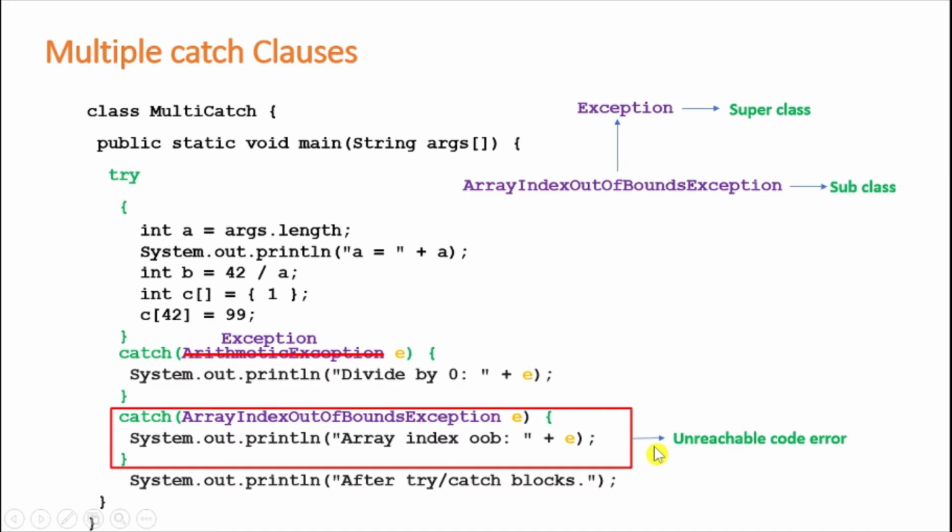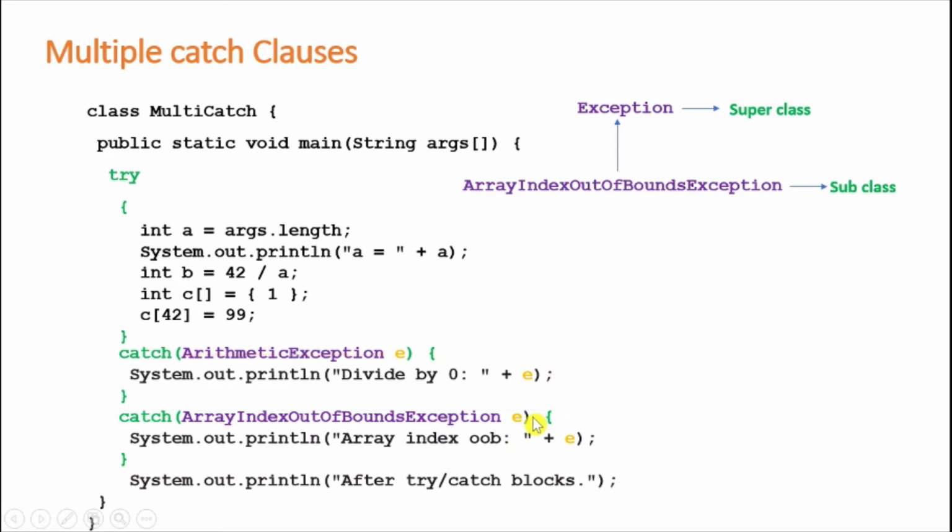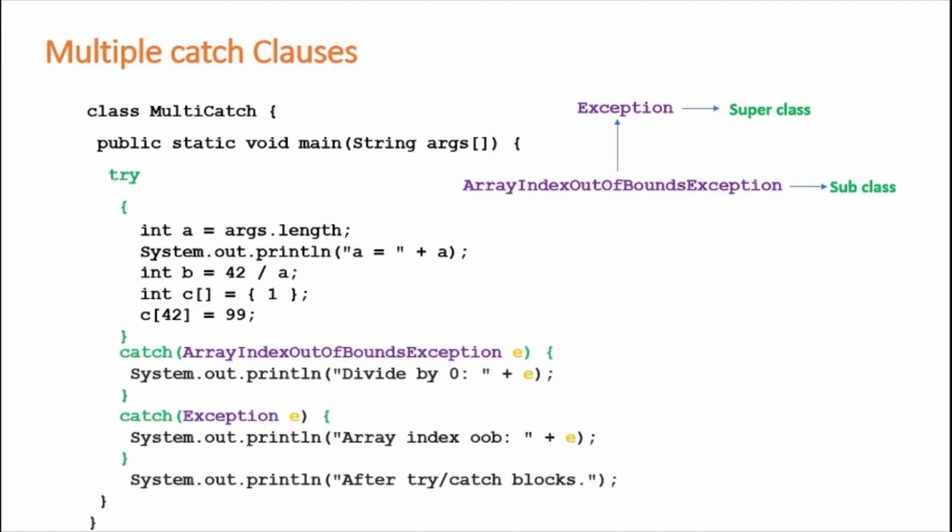So in order to resolve this compilation error, first we need to write the ArrayIndexOutOfBoundsException type in the catch block followed by Exception in the next catch block, right?